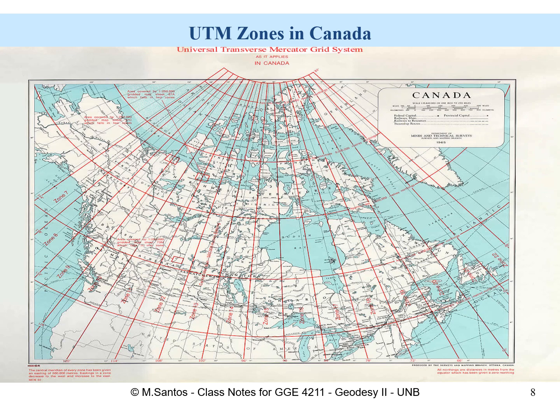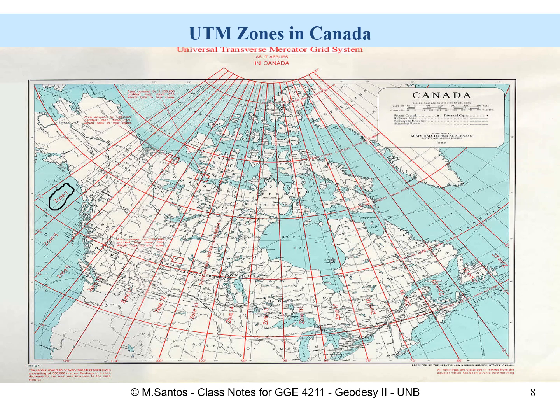Now, this slide shows a map that has been downloaded from Natural Resources Canada, which shows the distribution of the zones along Canada. We can see that the first zone that covers Canada is zone number 7, which gets the whole border between Alaska and Yukon.